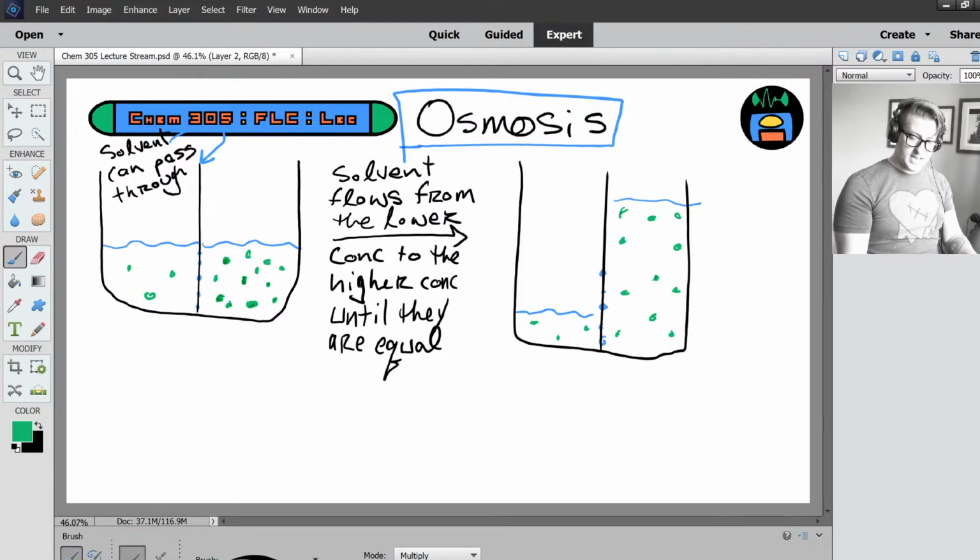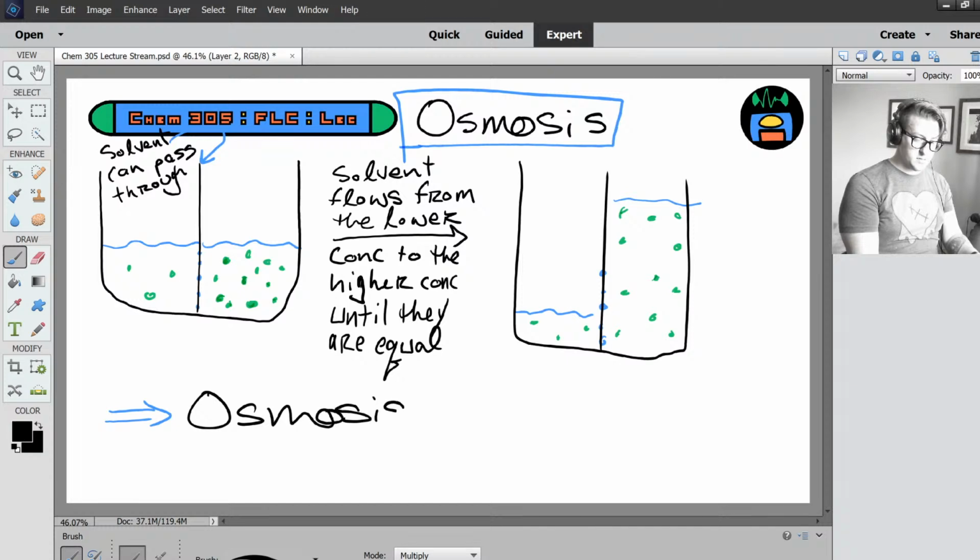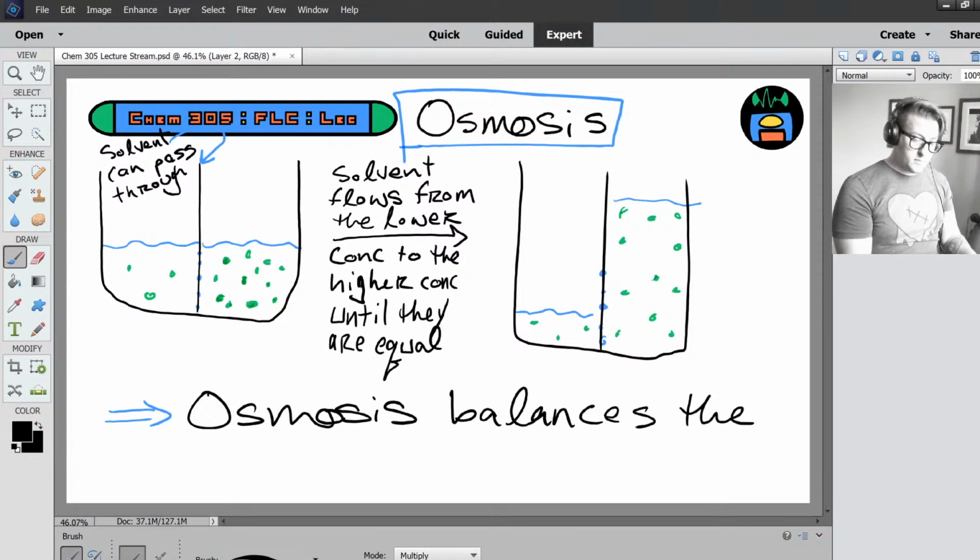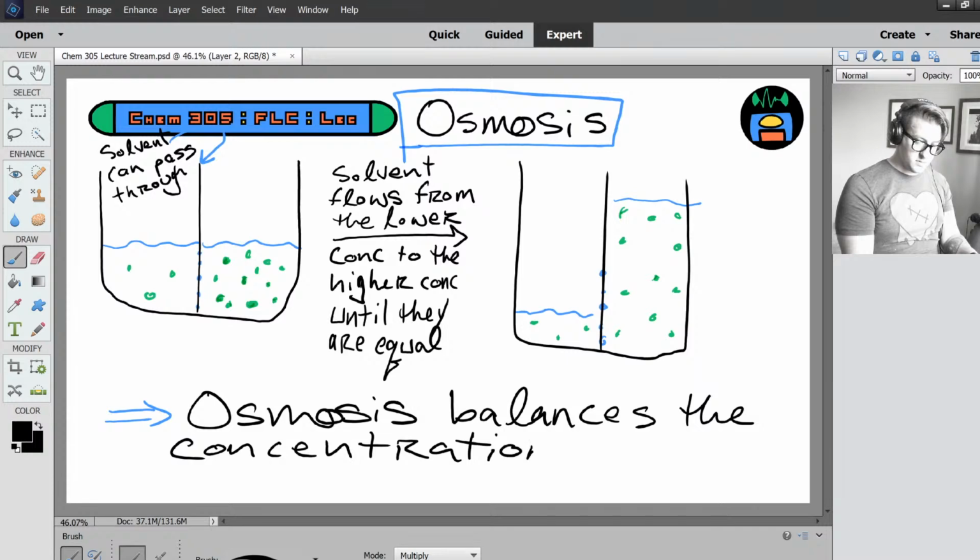All right, so it balances. So the thing is, and this is the important thing to realize, osmosis balances the concentration of particles, I should say, the concentration of solute particles.